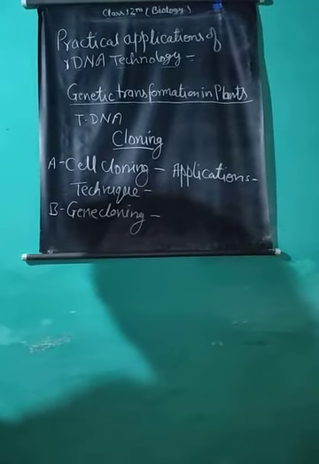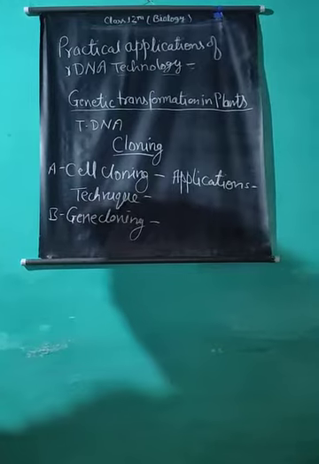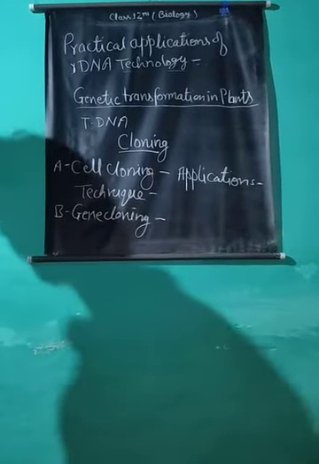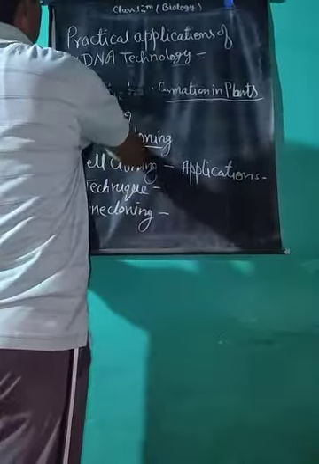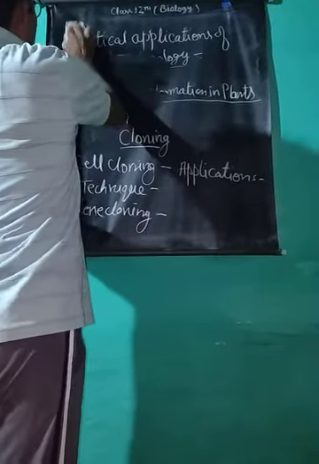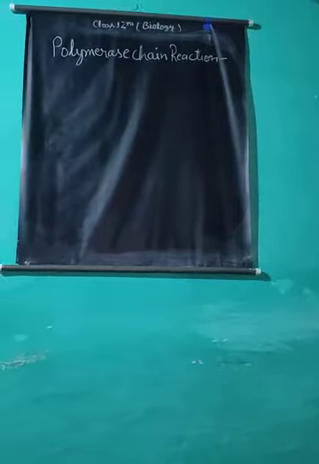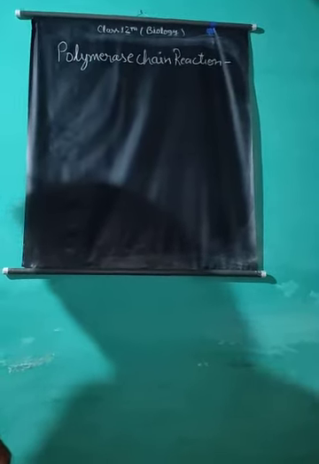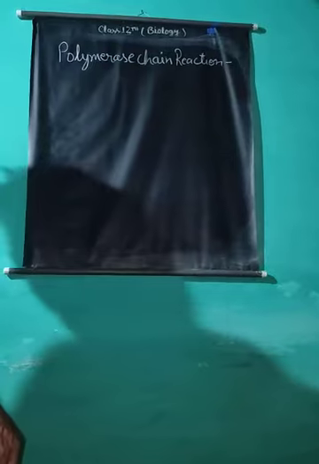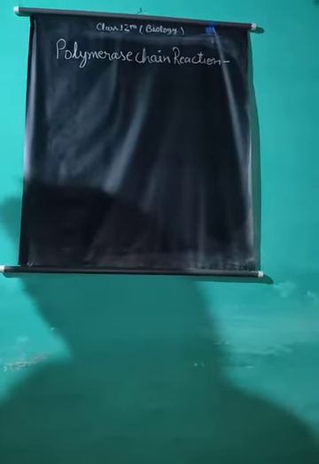PCR technique is also used to get multiple copies of genes. Polymerase chain reaction is PCR. In genetic engineering, the availability of a sufficient amount of DNA of interest is indispensable in order to study its genetic structure, function, and manipulations.